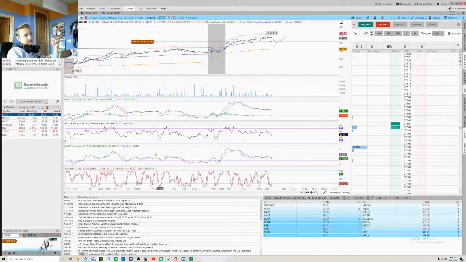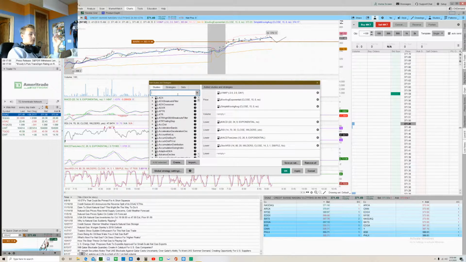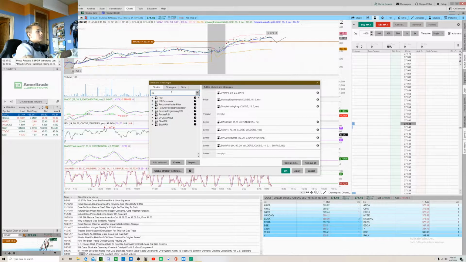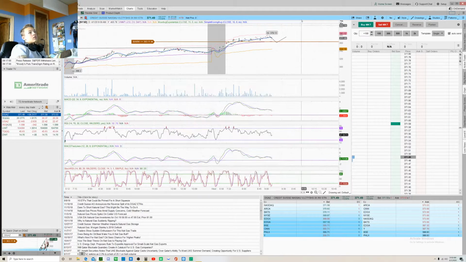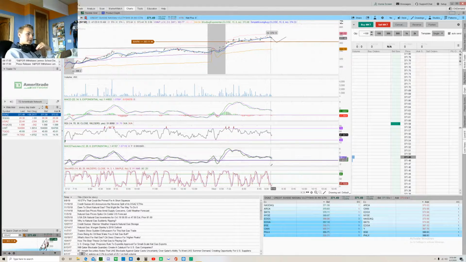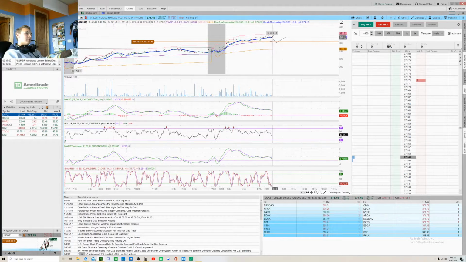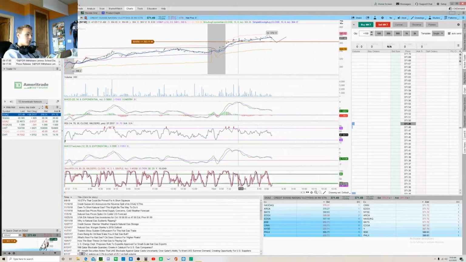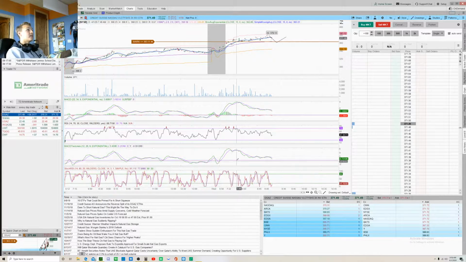Also, I want to talk about this indicator real fast. The stock RSI. How you get to it is you come up here and type in RSI, then just click that and hit add selected and then apply. It's super nice because you can see when it's gonna break down. You can see right here, it's at the bottom, and I'm pretty sure it's gonna break back up again. It's pretty accurate, so if it was right here, all the way at the bottom, it would be a good time to buy.